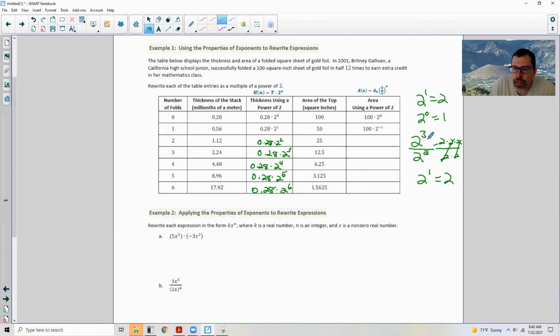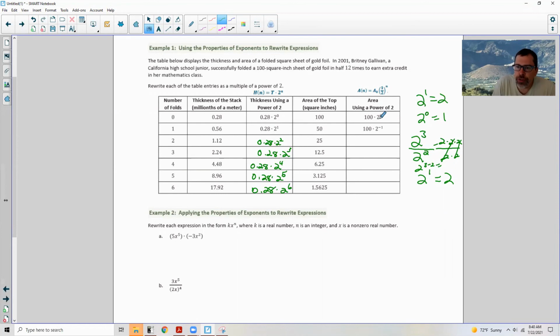And that comes from our rule with exponents. When we're dividing, same base, the exponents get subtracted. So this would actually be 3 minus 2. So it'd be 2 to the 3 minus 2 equals 2 to the 1, which is 2.